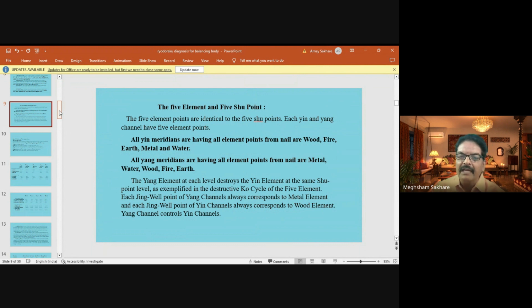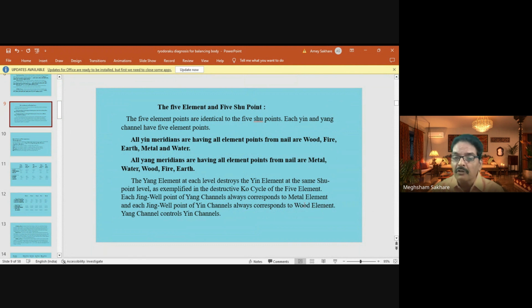The yang metal at each level destroys the yin element of the same shu point level, as exemplified in the destructive cycle of the five elements. Each jing river point of a yang channel always corresponds to the metal element, and each jing river point of a yin channel always corresponds to the wood element.